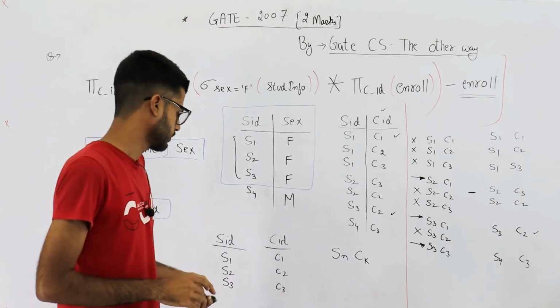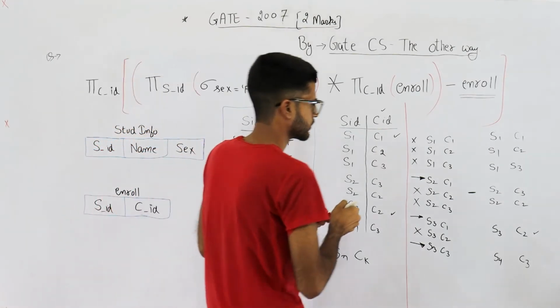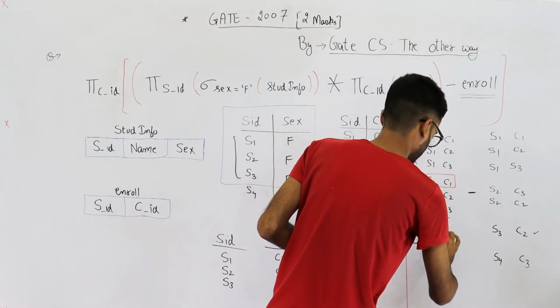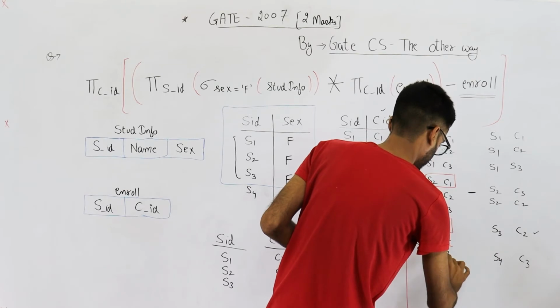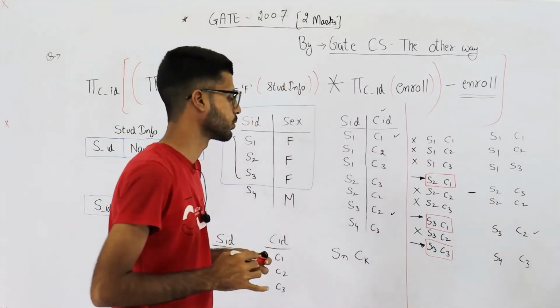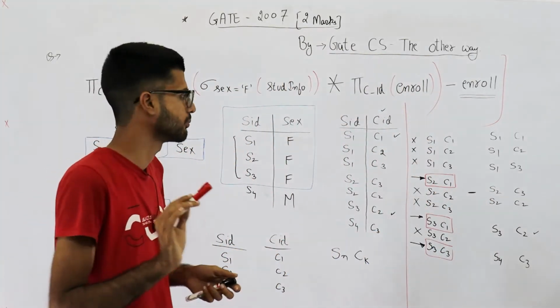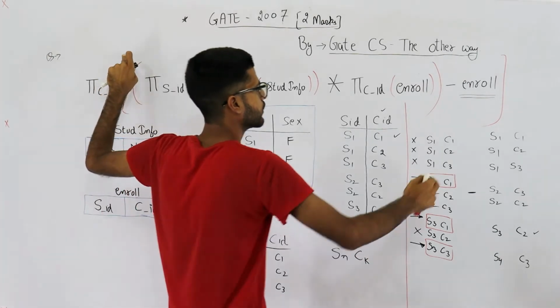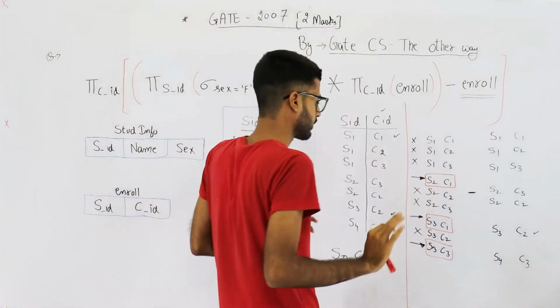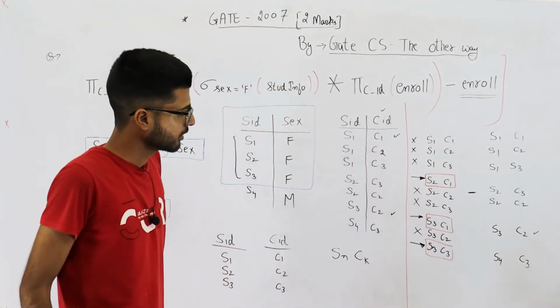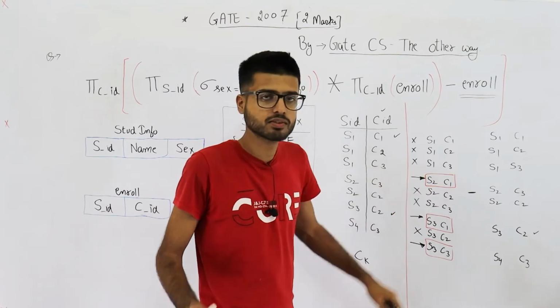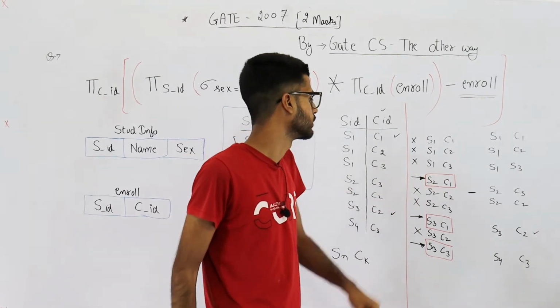Okay. Now let me highlight these. These three rows will be part of your result. Okay. From this square bracket to this square bracket. And what it actually means is student S2 has not enrolled for course C1.